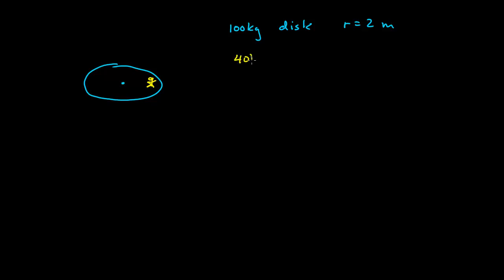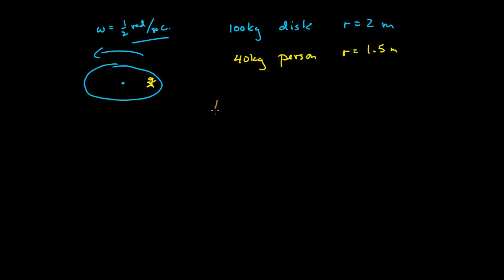We have a 40 kilogram person, and they're at a location 1.5 meters from the center. And let's just say this whole thing is rotating around with an angular velocity of 1/2 radians per second. So what is the angular momentum of this entire system?